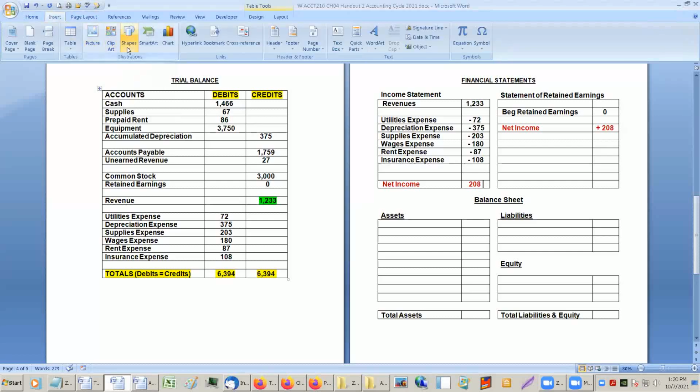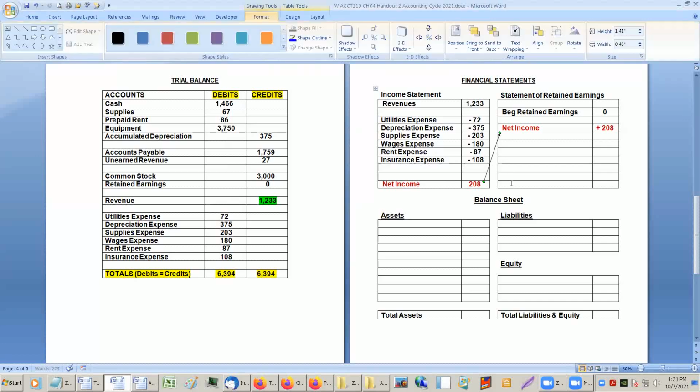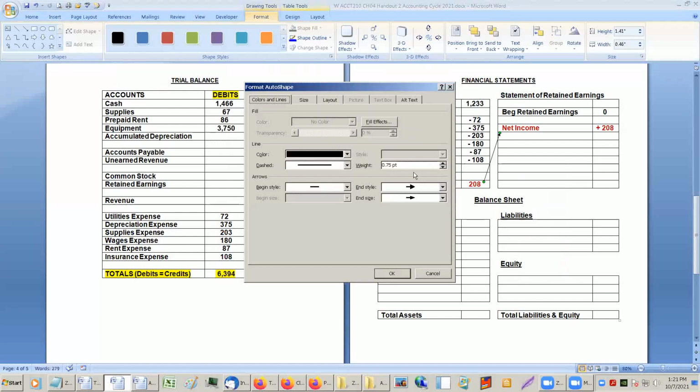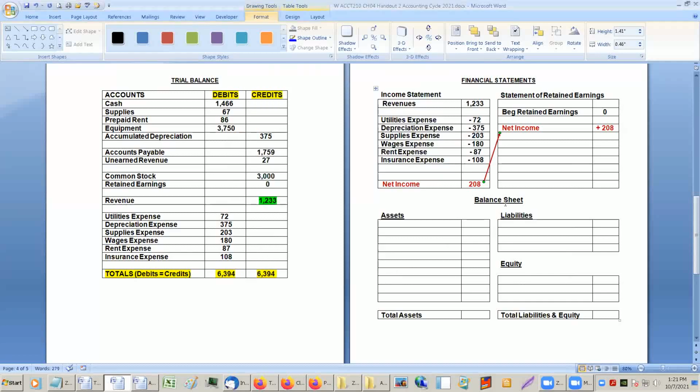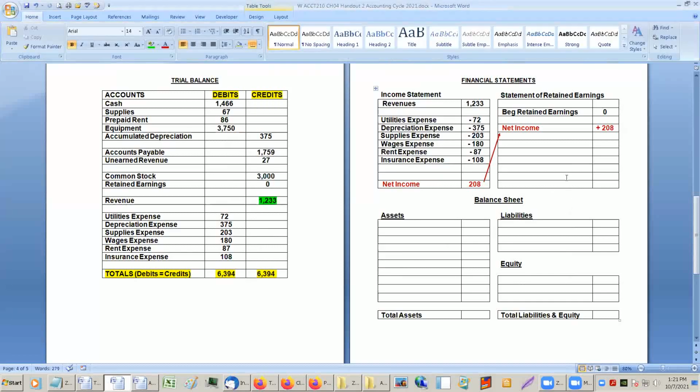Oops, wait a minute. Okay, same net income now. We have dividends declared.